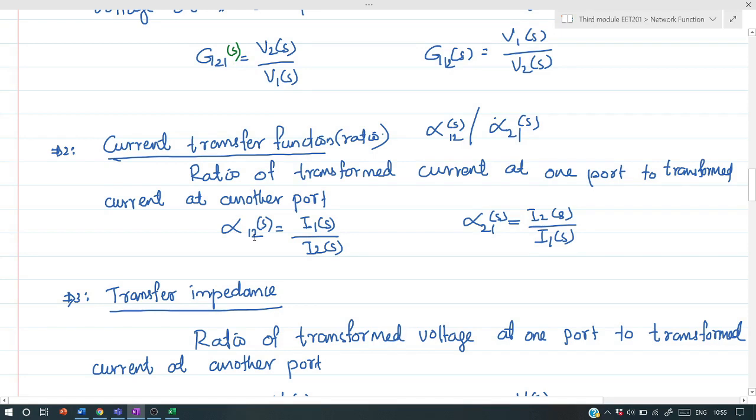If we are considering alpha12(s), it is the ratio of transformed current in the first port to transformed current in the second port. Similarly, alpha21(s) is equal to transformed current in the second port to transformed current in the first port.